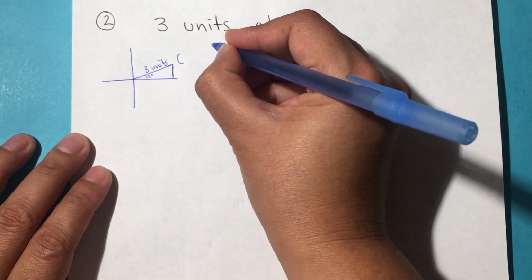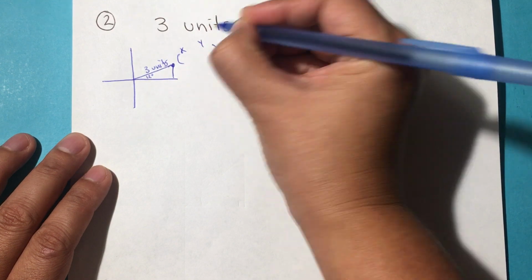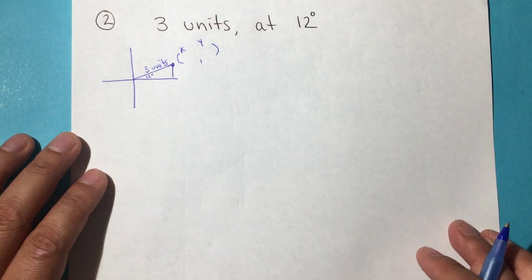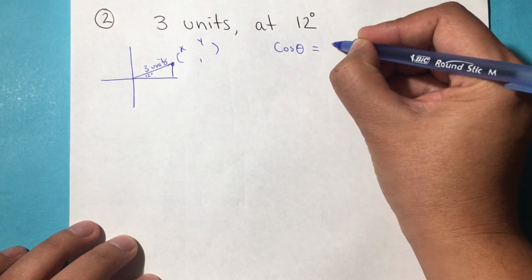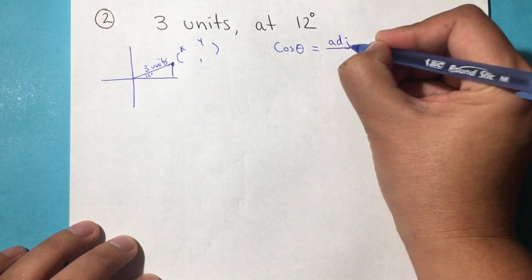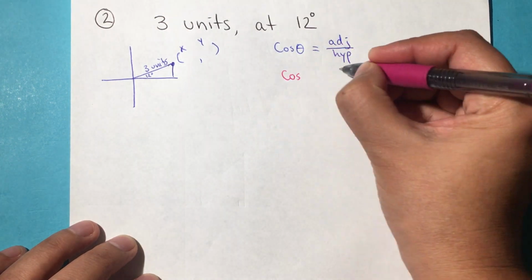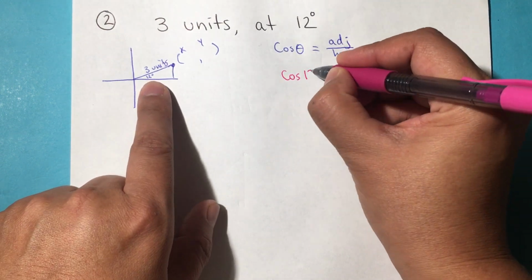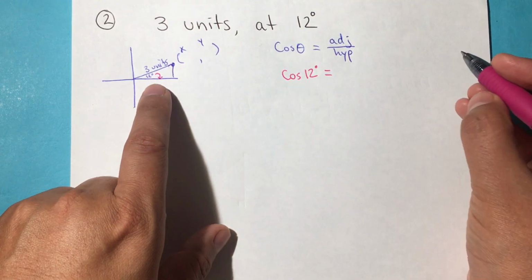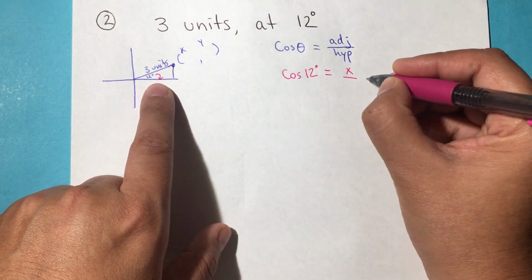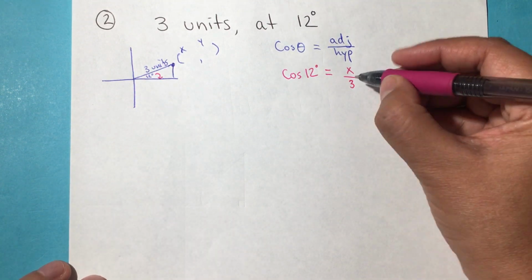Again, we're trying to find the coordinate for that point, and x is going to be your cosine and y will be your sine. Okay, so let's start with cosine of theta is equal to adjacent over hypotenuse. And so cosine of theta, theta is 12 degrees. Adjacent, again, is going to be your x divided by the radius, which is 3, or the hypotenuse.